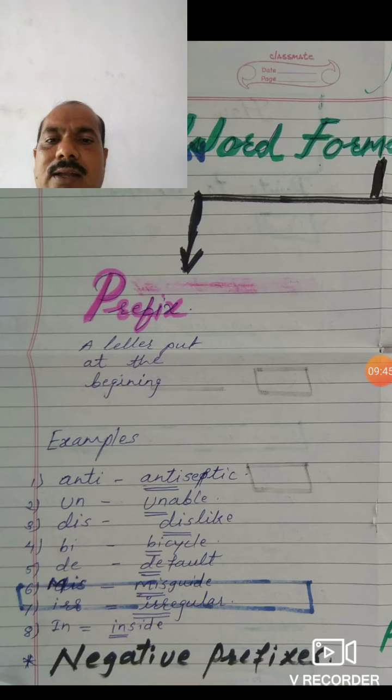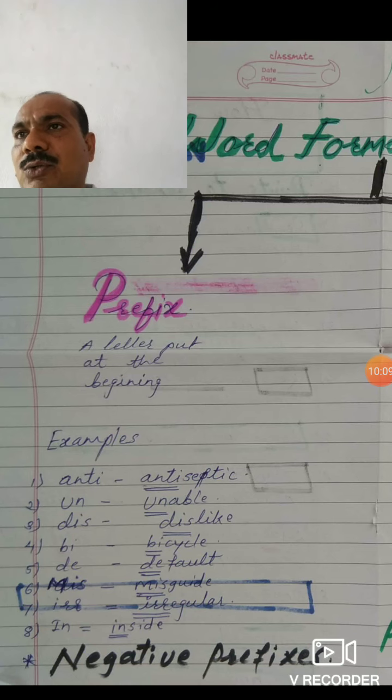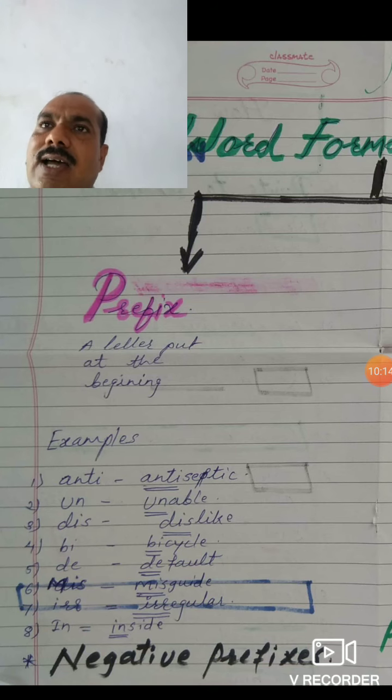Un, unable; dis, dislike; bi, bicycle; de, default; mis, misguide; ir, irregular; in, inside. These prefixes are joined to words and new words are created in the negative sense. That is why these prefixes are called negative prefixes in English.